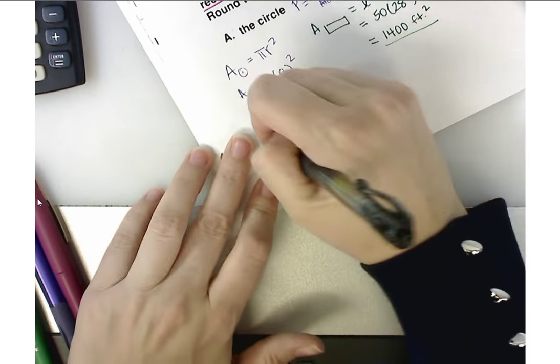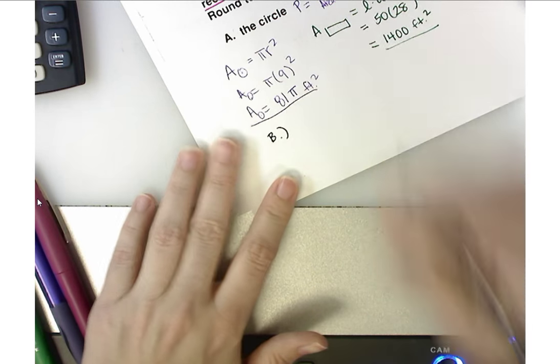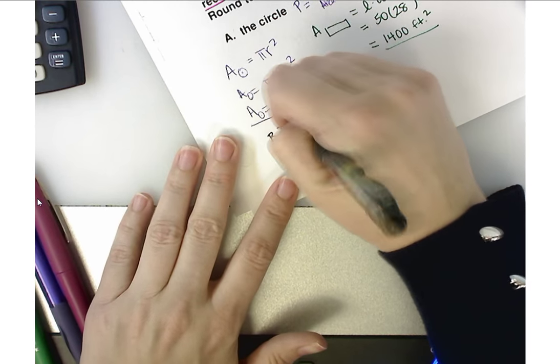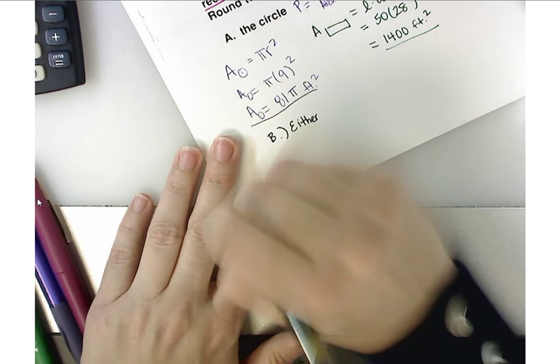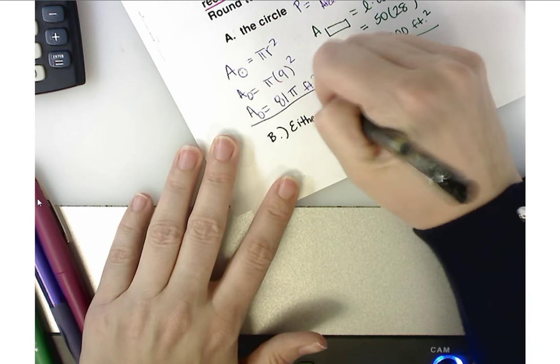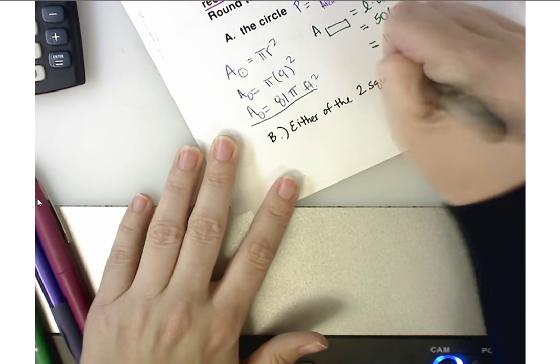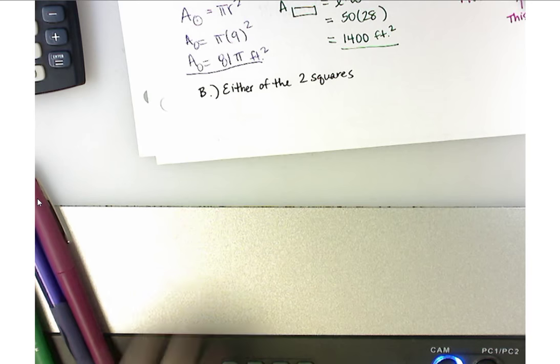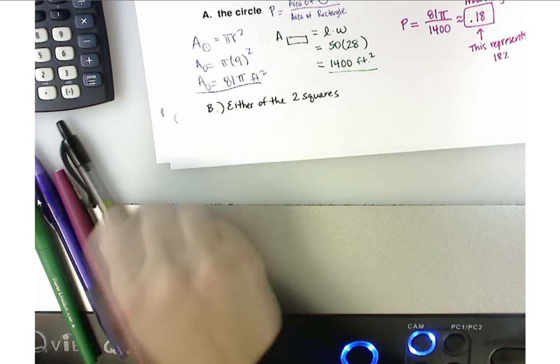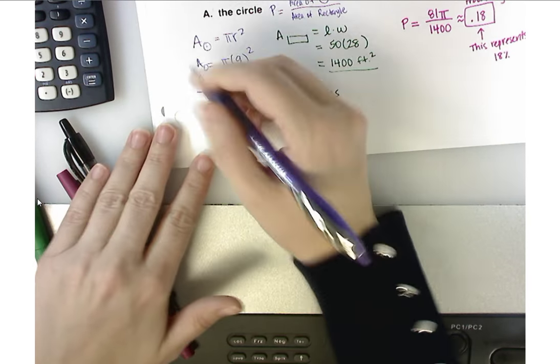So let's do B. So if you do either of the two squares, what's the area of one square? 100. Good.